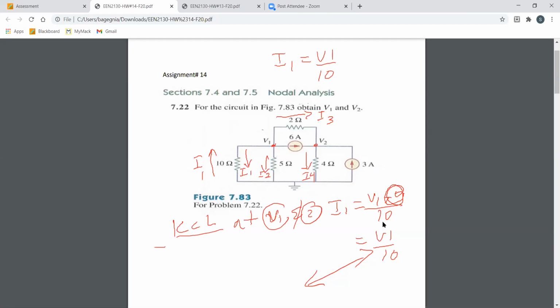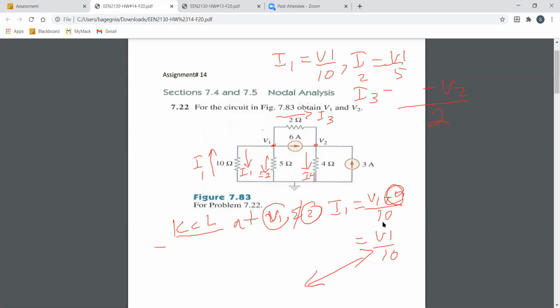So I1 is equal to V1 minus 0 over 10, and then I2 will be V1 over 5, and then I3 will be V1 minus V2 over 2.